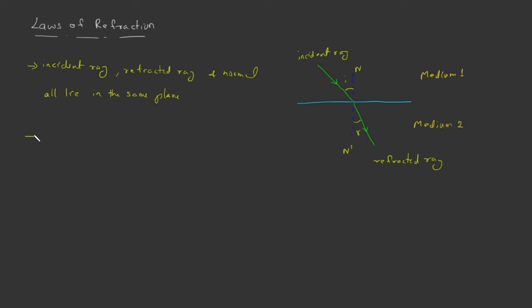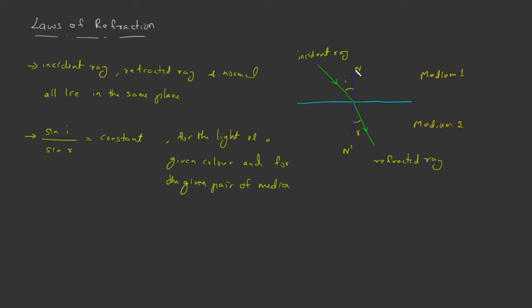The second law is that the ratio of the sine of the angle of incidence to the sine of the angle of refraction is a constant, for the light of a given color and for the given pair of media.